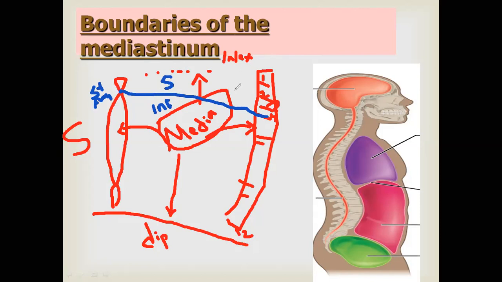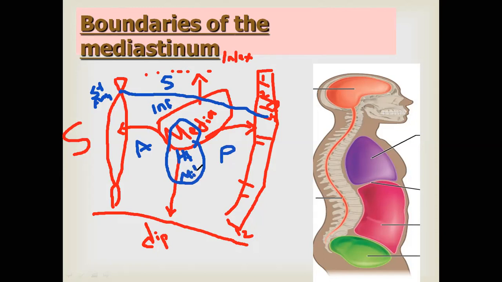The heart will lie here in the inferior mediastinum. This is the heart. The heart will divide the inferior mediastinum into the anterior mediastinum, and behind it the posterior mediastinum, and the heart itself will be in the middle mediastinum.